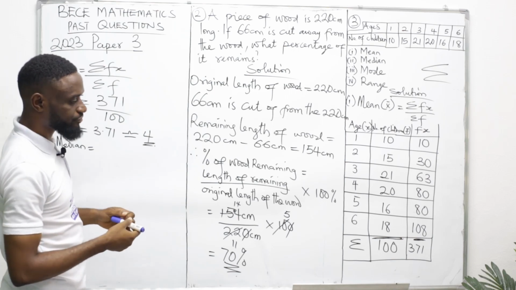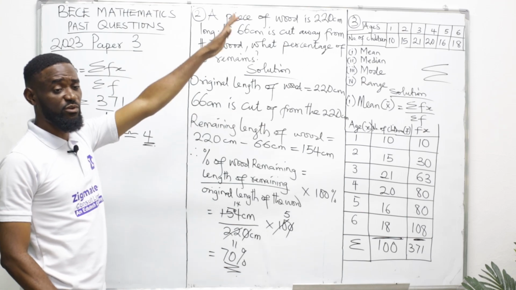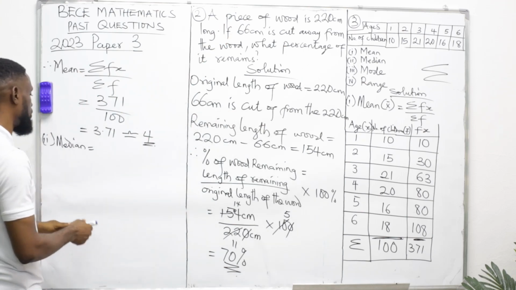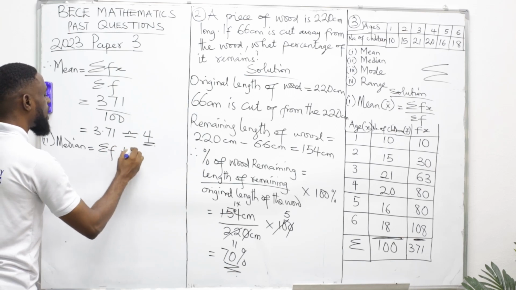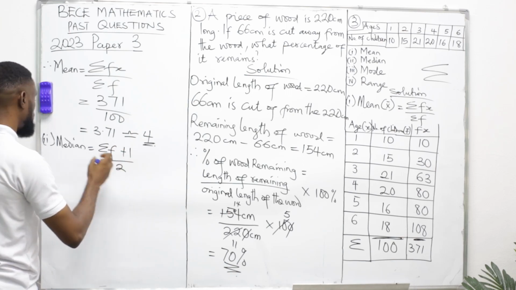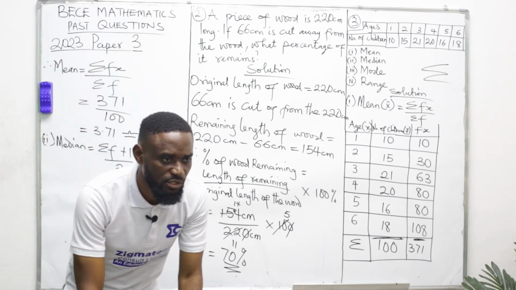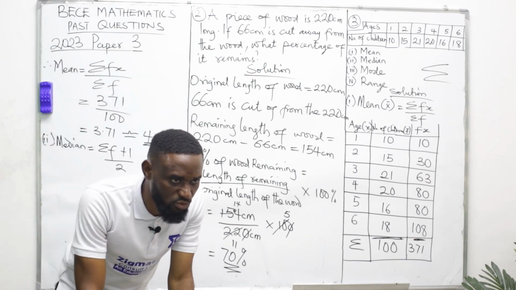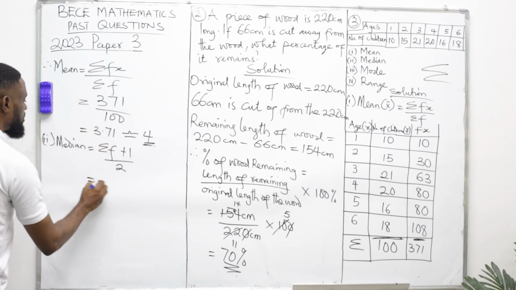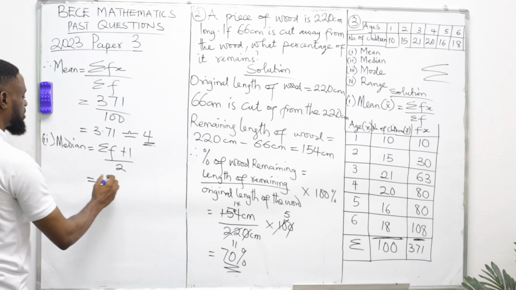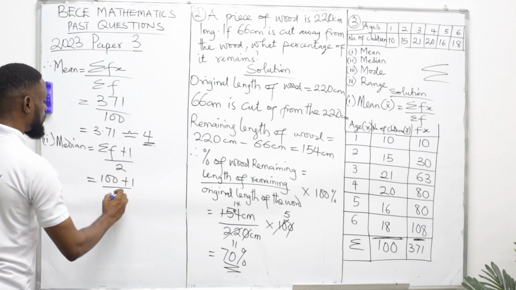Now, median for a frequency table distribution is simple. Just summation of f plus 1 divided by 2, right? That will give us the position of the median. So we have said the summation of f is 100, plus 1 all over 2.